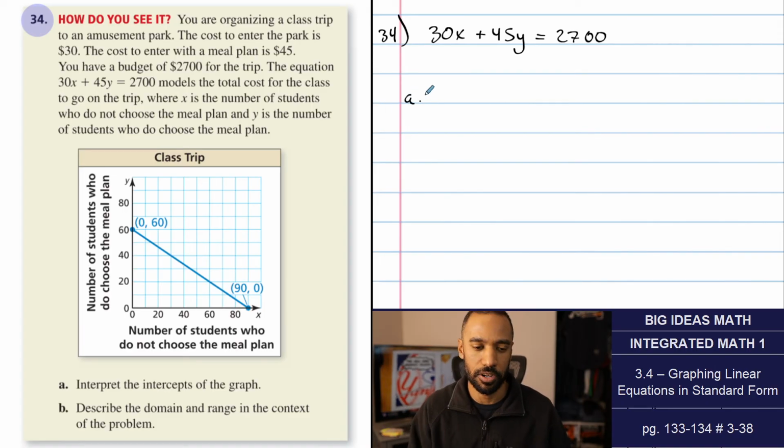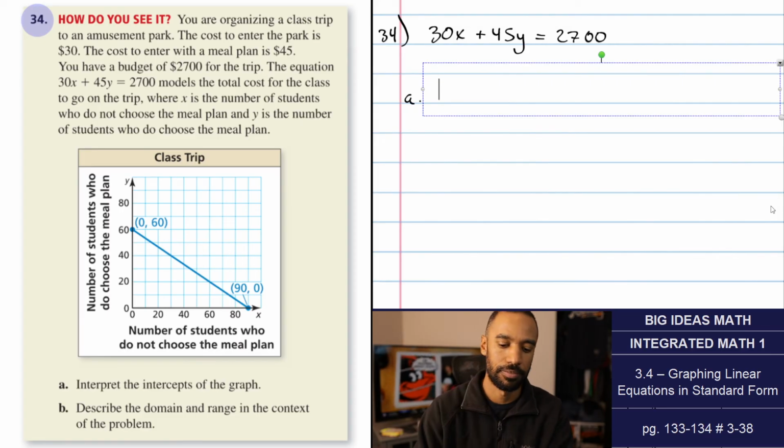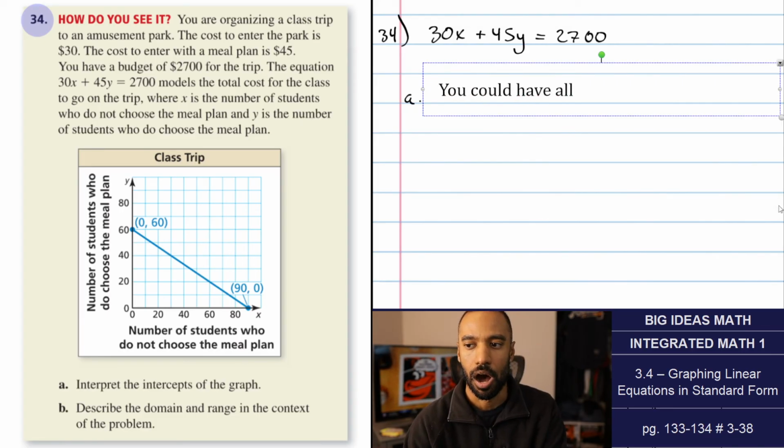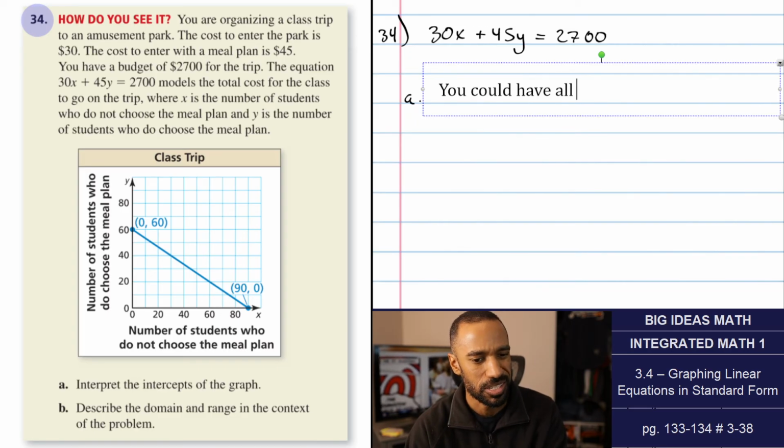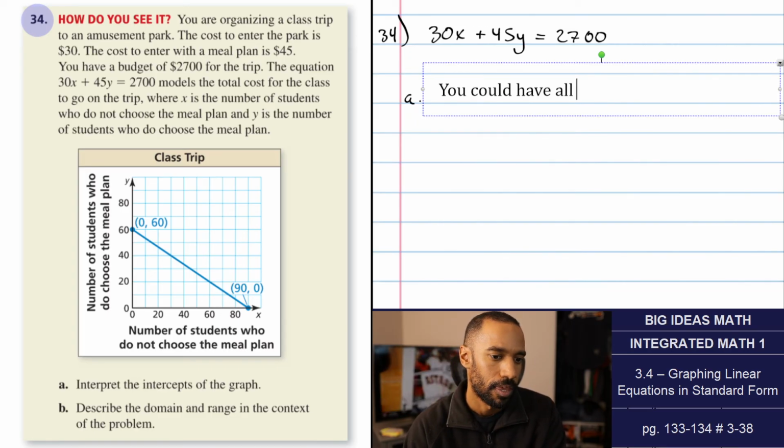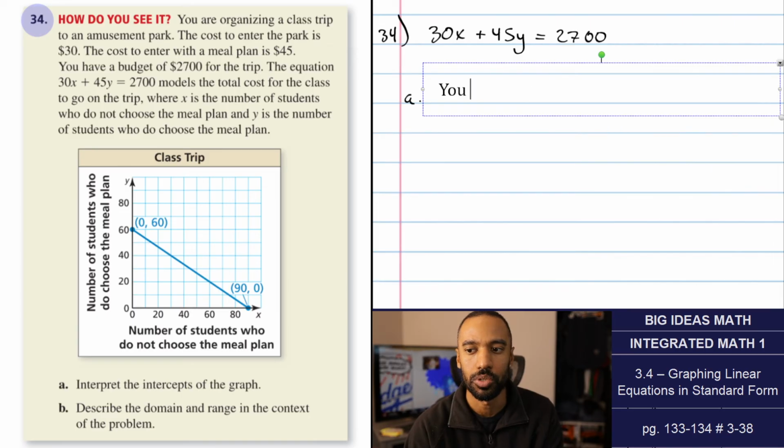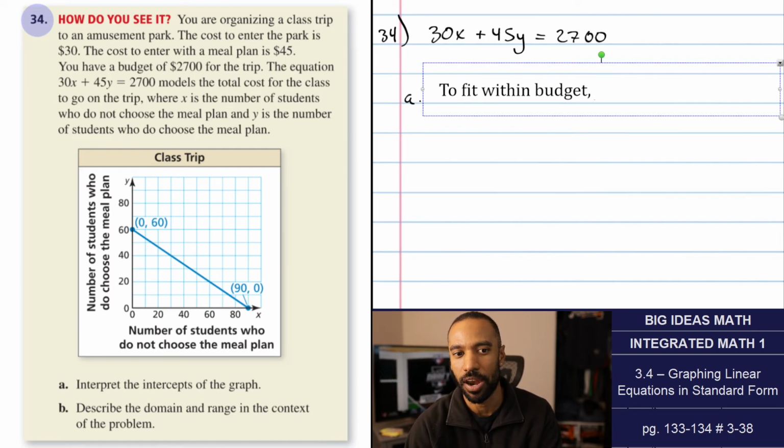Well, the way I see the intercepts is that you could have all 60, is it all 60 students? Okay, to fit within budget, this is kind of an interesting question because this varies the number of students that we have. It seems like we're changing the number of students with this.